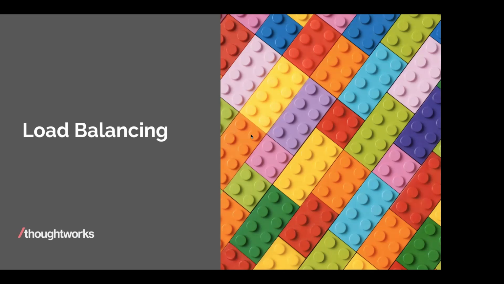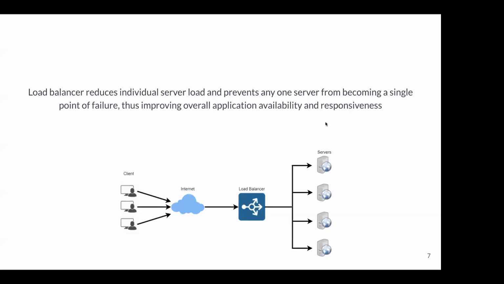It is an ability, in a distributed system, when you have multiple servers. Sneha, you can move on to the next slide. Here the definition is: a load balancer reduces individual server load and prevents any one server from becoming a single point of failure, thus improving overall application availability and responsiveness.